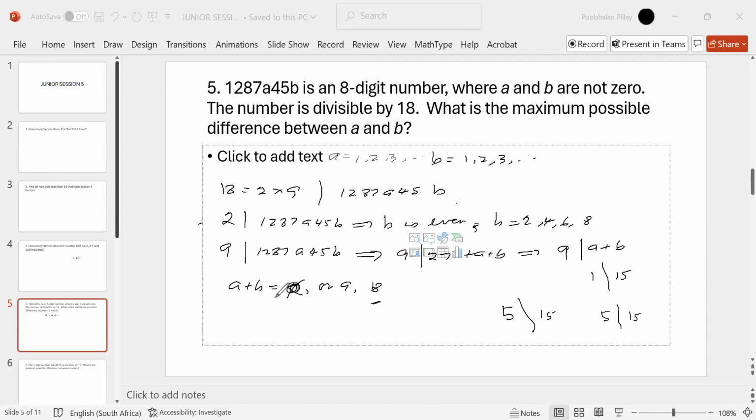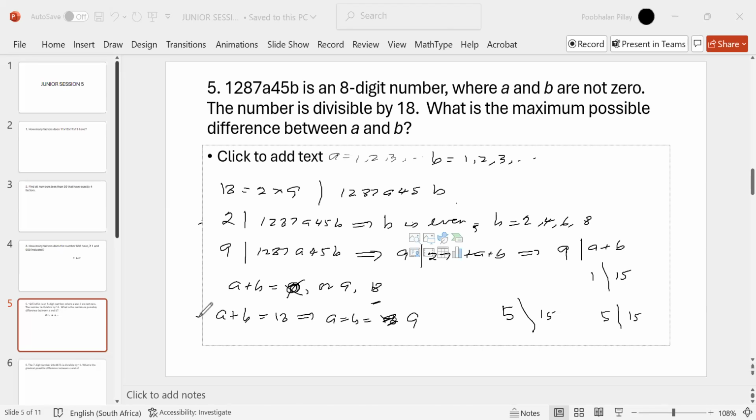Now, for this case here, A plus B equals 18. The only way you can get two digits adding to 18 is if both of them are 9. So A equals B equals 9.